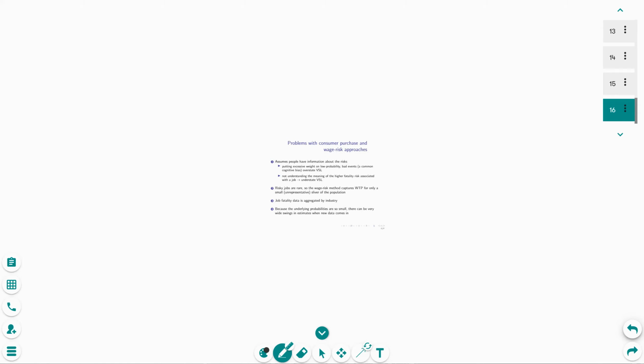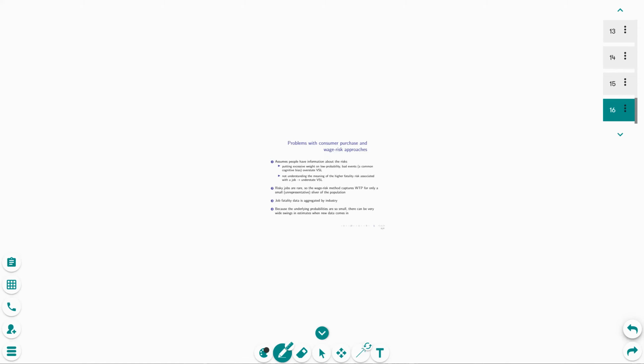So it's a small group of people being analyzed in these wage risk studies, and they're not necessarily a representative group of the population, because they might be inclined to have a high risk tolerance as it is, given that they selected themselves into occupations with high mortality risk. And so it may not actually capture what a typical person might pay to reduce their mortality risk. It might capture what a very robustly risk-tolerant type of person would be willing to pay. So it might not be representative of the population as a whole's willingness to pay to reduce mortality risk.